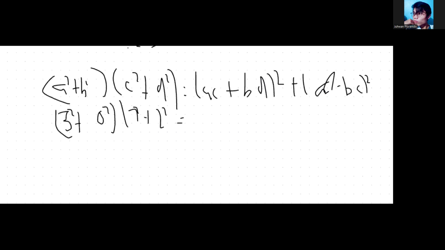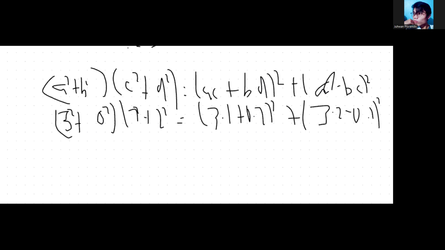A is 3 times 1 plus 0 times 2, squared, plus a is 3 times 2 minus 0 times 1, squared. So this gives us 3 times 1 is 3 plus 0 times 2, 3 plus 0 is 3.